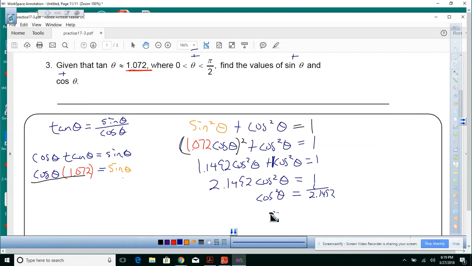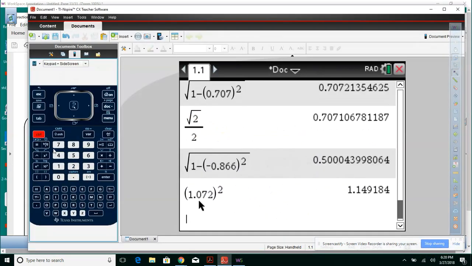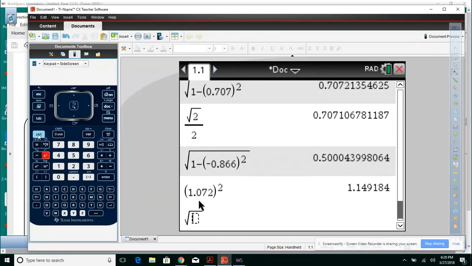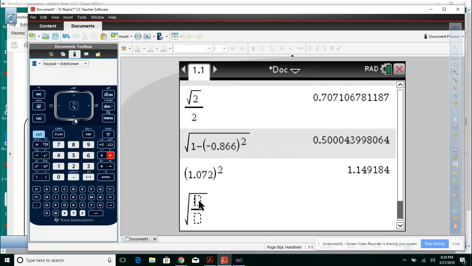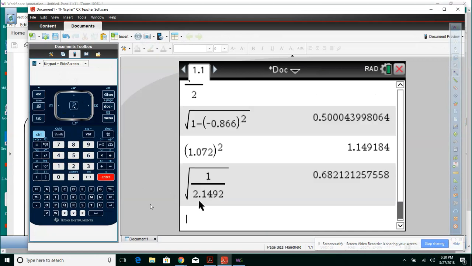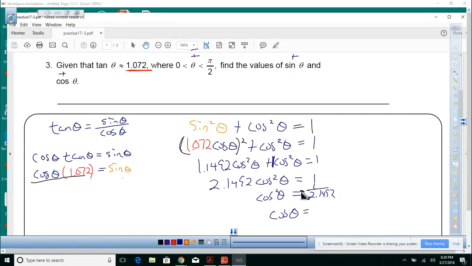Take the square root of both sides. So cosine theta equals the square root of 1 over 2.1492, and that gives me 0.6821.